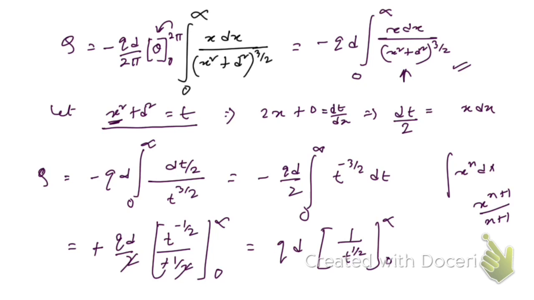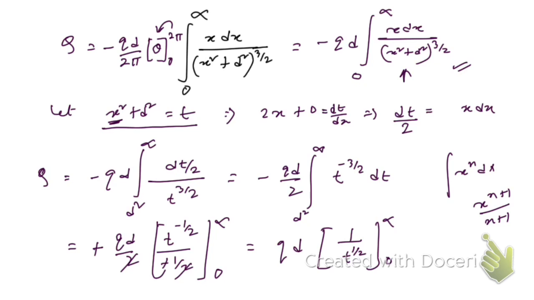When x is 0, t becomes d square, and if you put infinity here, then t will be infinity. So it's supposed to be d square to infinity.